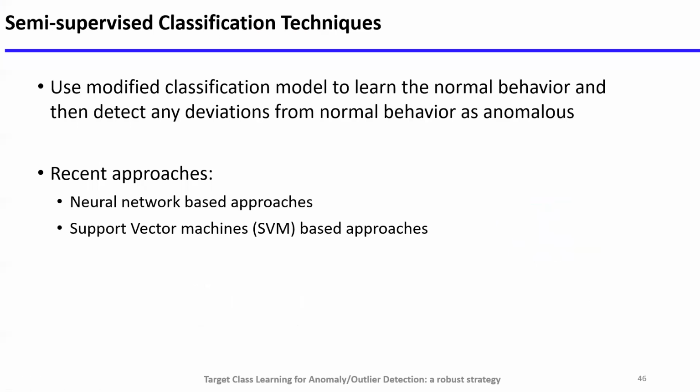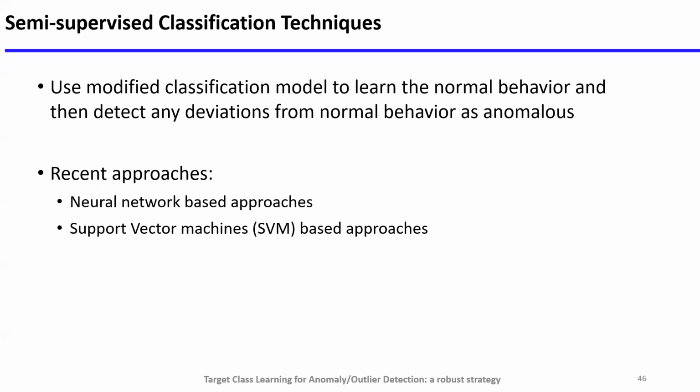Other than this, we have some semi-supervised classification techniques. Semi-supervised classification means that since we have only one class of data available, it is very likely that we have the normal behavior representation only.